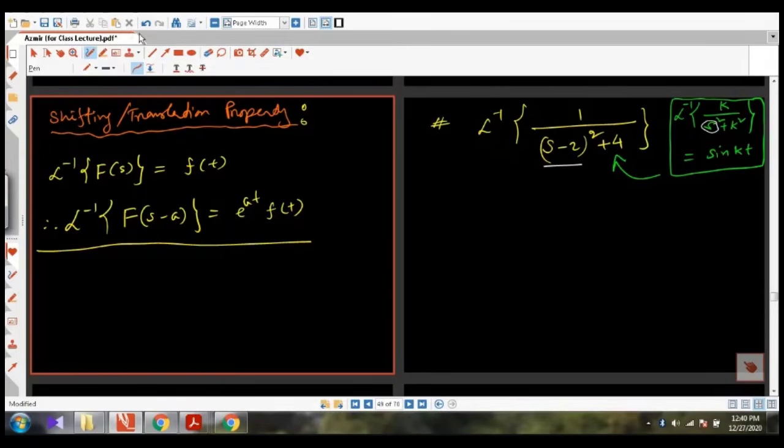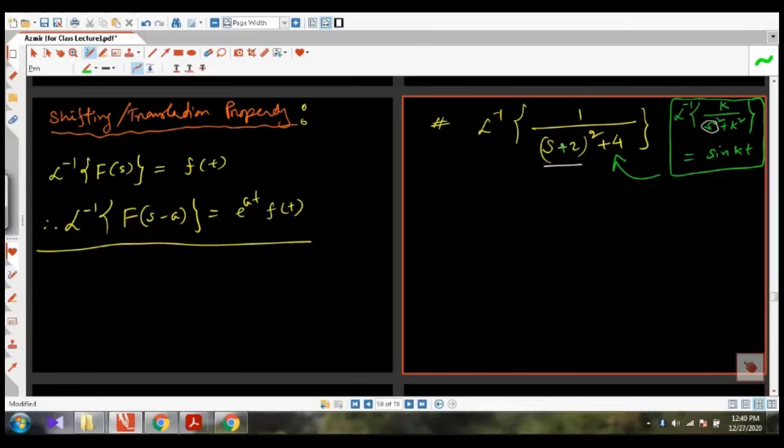Okay, let me make it more complicated. Suppose we have s positive 2. So here we have s, but here we have (s plus 2) whole squared. So something we need to reform.